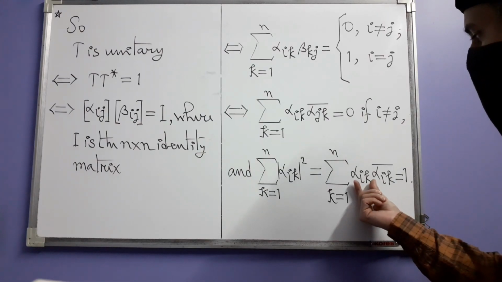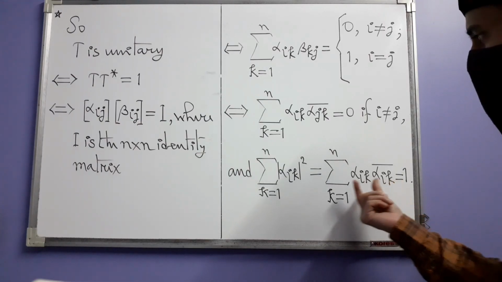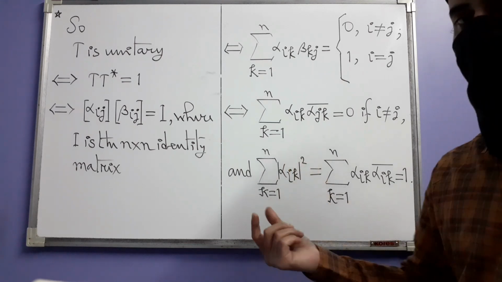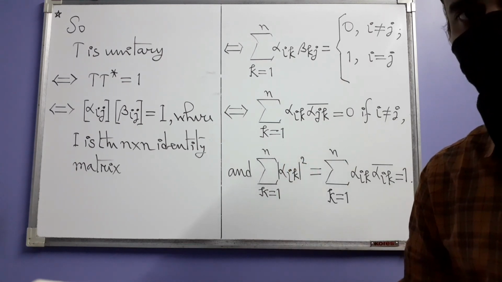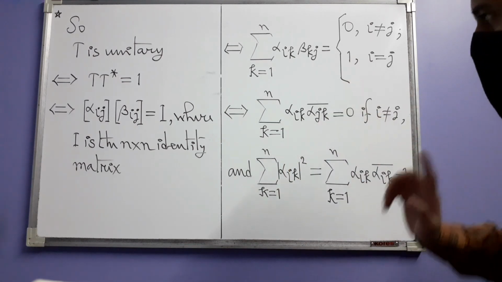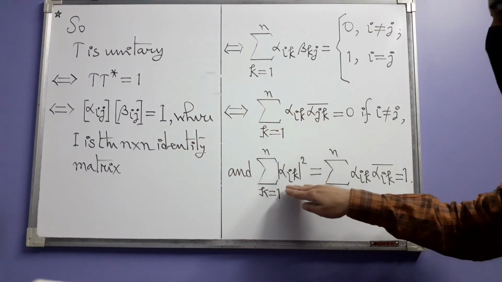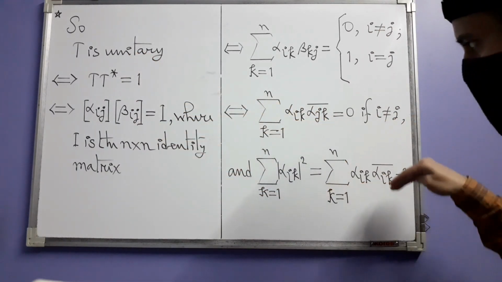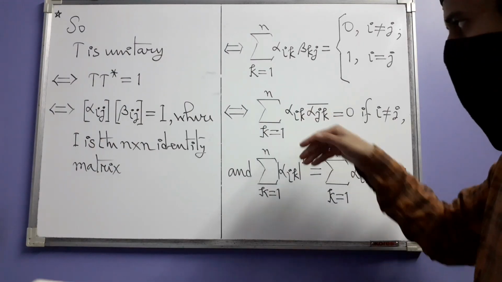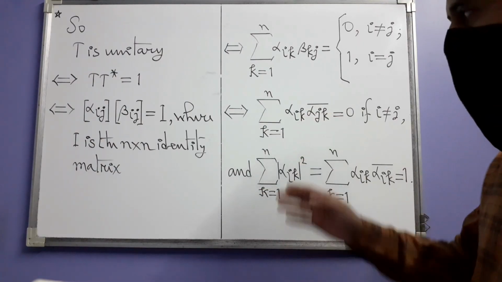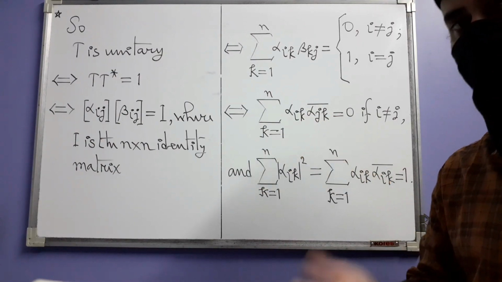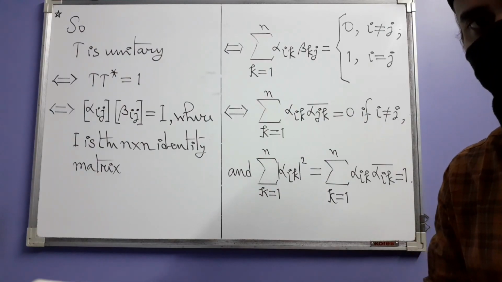So here you have alpha_ik times alpha_ik bar, which equals the square of the absolute value of alpha_ik. That is equal to 1. So T is unitary if and only if this happens and this happens. These are equations telling us something about the entries of the matrix of T.